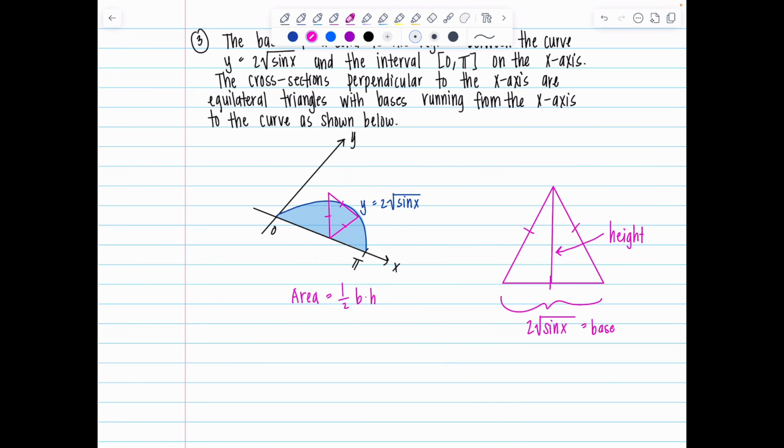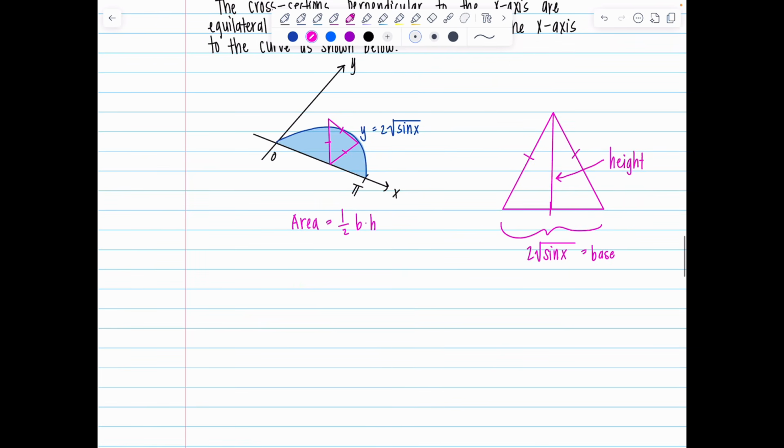Well, hopefully you remember your ratios or the proportions for a 30, 60, 90 triangle. If not, let me remind you. So say this is an equilateral triangle again, and the base is 2x. So this is x, this is x. It's equilateral, so this side is also 2x.